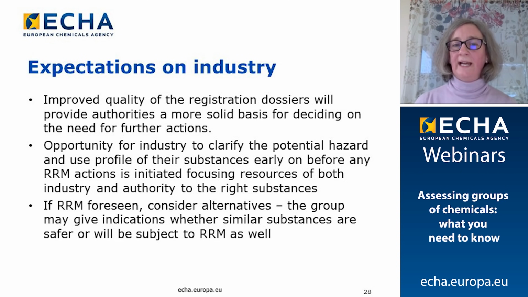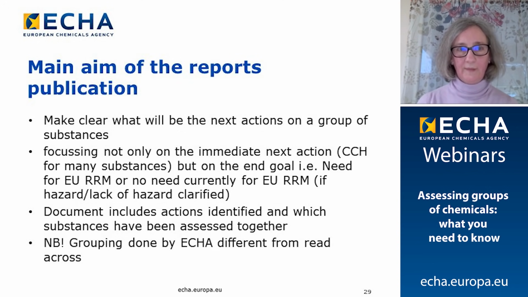We usually look at a full group of structurally similar substances. So from there, you may also get an indication whether some similar substances within the group are safer or will be also subject to regulatory risk management. So hopefully it provides you some help also in providing you more predictability in terms of substitution as well.